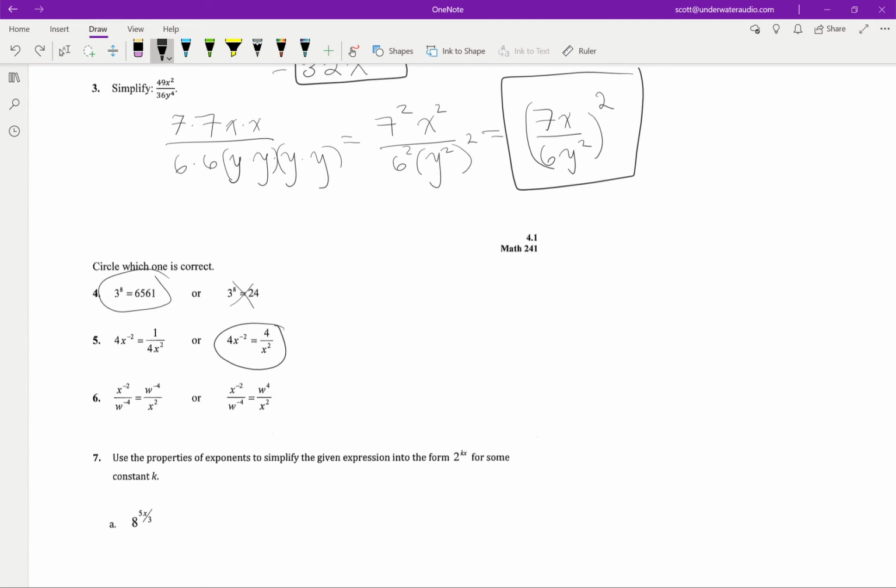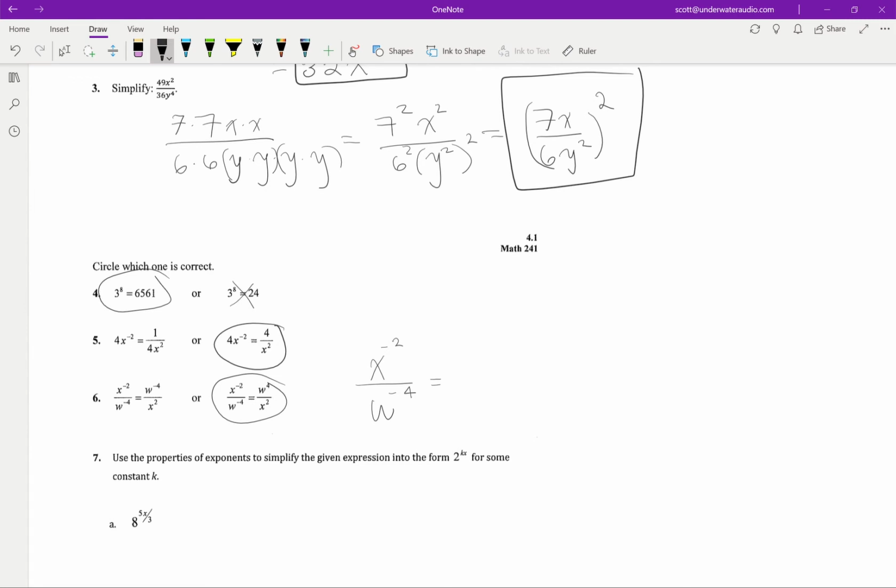Number 6. x to the negative 2 over w to the negative 4th equals w to the negative 4th over x squared, or x to the negative 2 over w to the negative 4th equals w to the 4th over x squared. I think it's this answer, but let's just do it in a couple steps to make sure. Okay, I can bring the bottom to the top by changing the exponent from positive to negative.